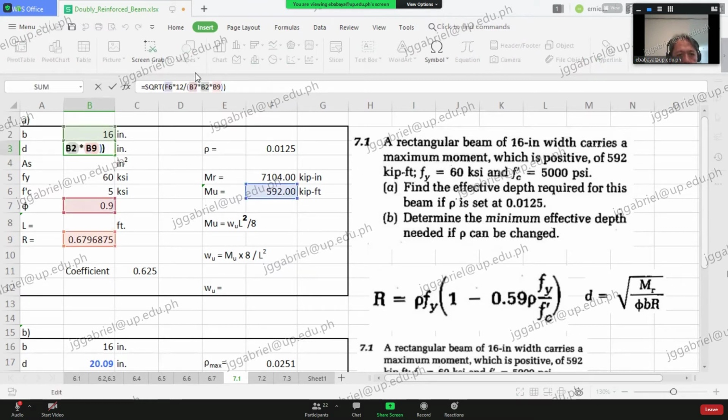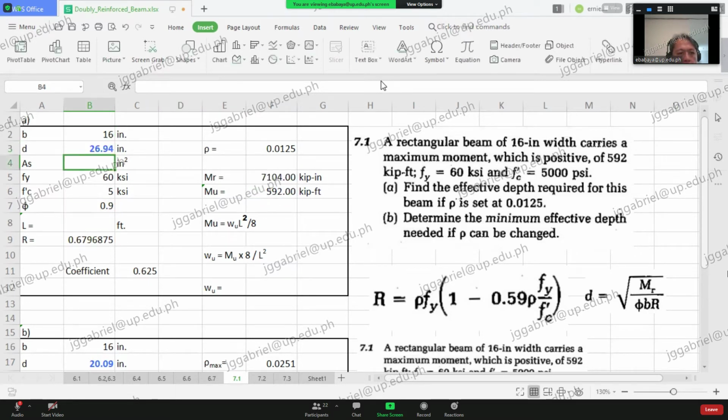Actually, you should get the same value if you use this one, 26.94, because this is the converted one, the Mu times 12. So you get 26.94 as your effective depth.